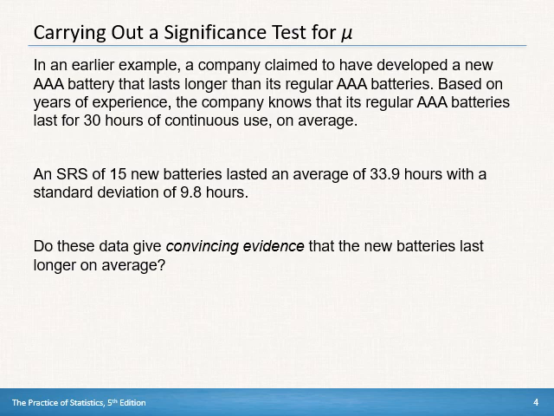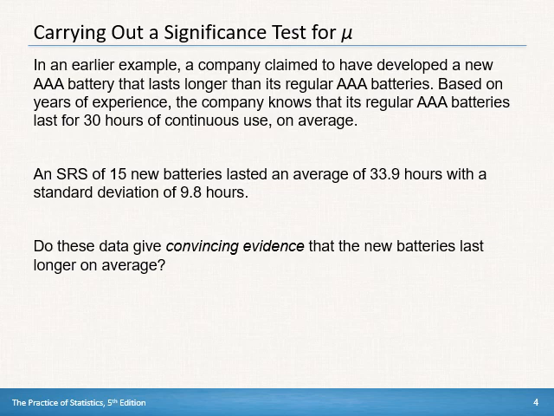Now, what we have to figure out is how likely this is. Maybe the sample means would vary quite a bit, and maybe 33.9 hours is not that strange even for the old batteries. The old batteries last 30 hours, but not all the samples would be exactly 30 hours. Some might be higher, some might be lower.